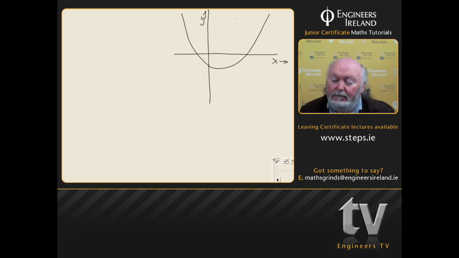And as usual, y is the name that we're giving to this function, and that function will be in the form of some constant x squared plus some constant x plus a constant. Look at the free number.